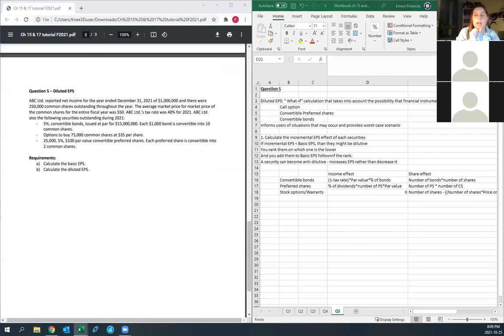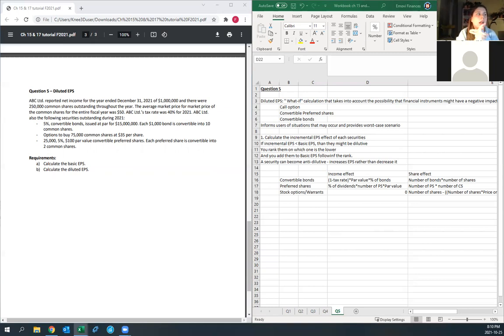There are going to be more shares, and that might decrease the EPS for the common shareholders. So the diluted EPS is a what-if calculation that takes into account any financial instrument that can have a negative impact on the basic EPS.